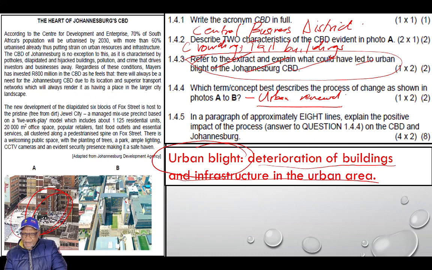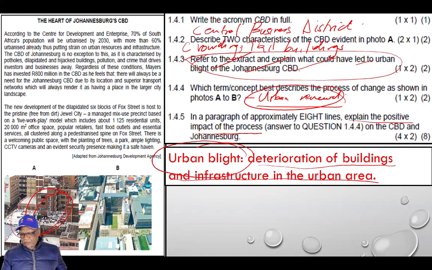And then in a paragraph of approximately 8 lines, explain the positive impact of the process on the CBD and Johannesburg. Which process? The process of urban renewal. Where? On the CBD and Johannesburg.